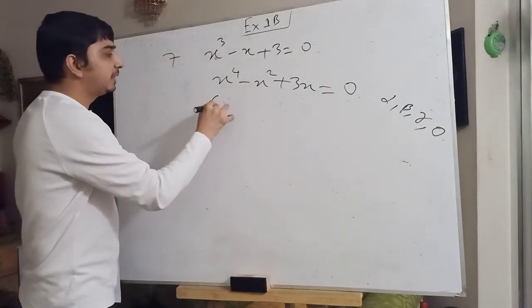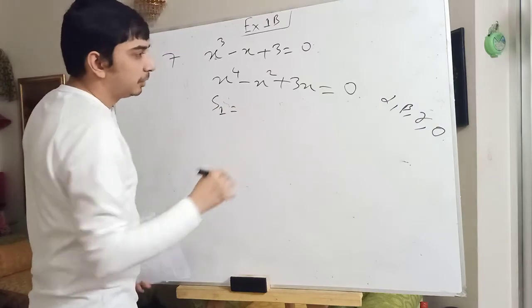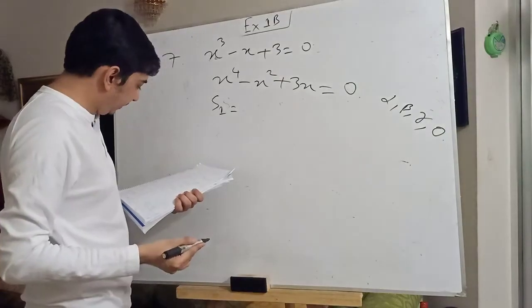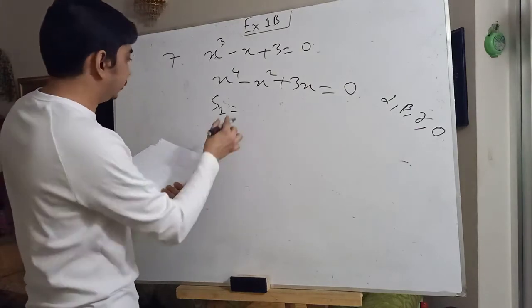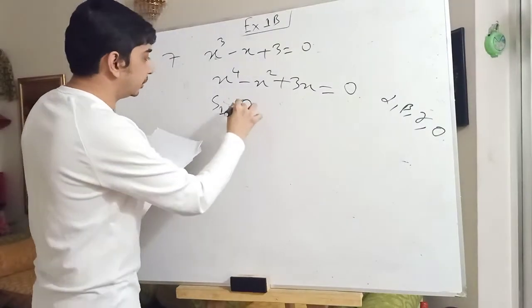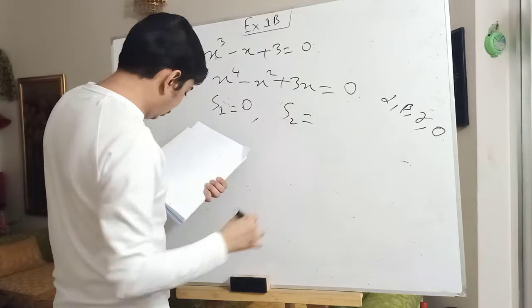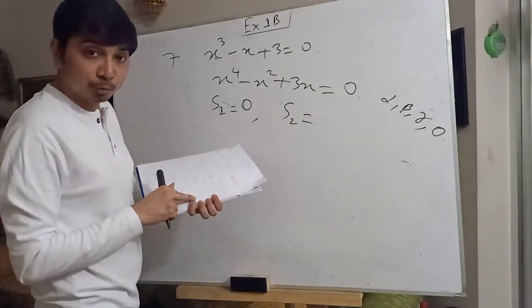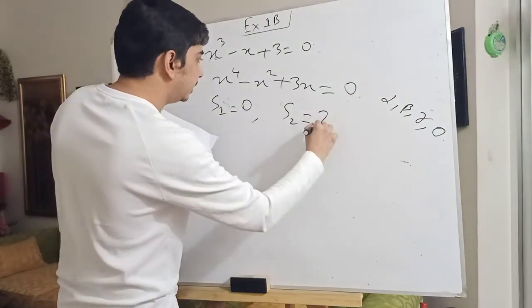So the value of S1, alpha plus beta plus gamma plus 0, is the same as we had previously. Previously it was 0, so now it will also be 0. S2, previously the value was 2, so now also the value will be 2.